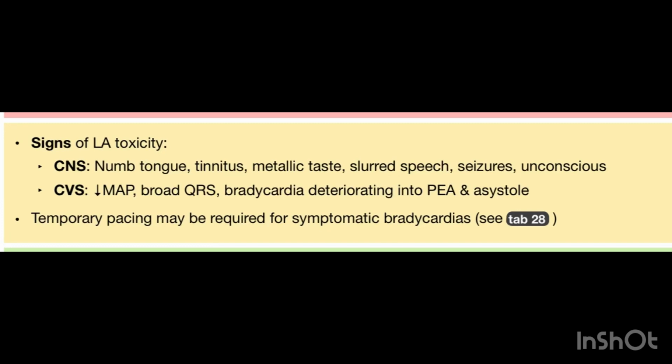The patient will feel a numb tongue, tinnitus, metallic taste, slurred speech, seizures, and unconsciousness. Cardiovascular: decreased mean arterial pressure, wide QRS, bradycardia deteriorating into PEA and asystole. Temporary pacing may be required for symptomatic bradycardia. Those are the symptoms that you normally ask the patient about, like whether they feel anything around their tongue or any metallic taste.